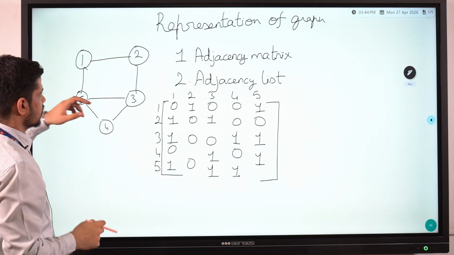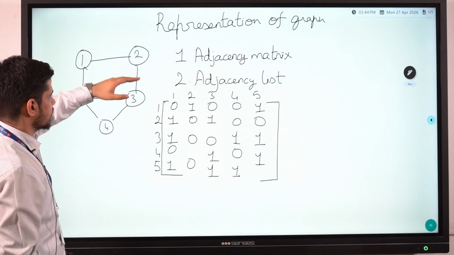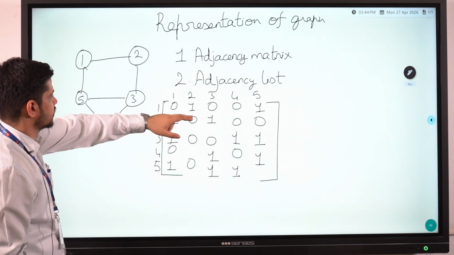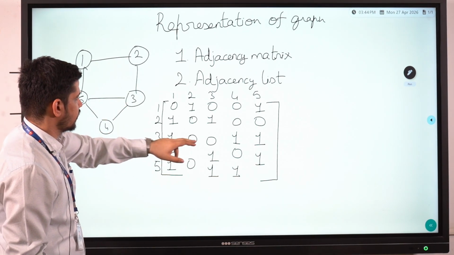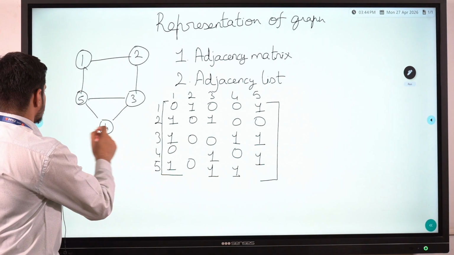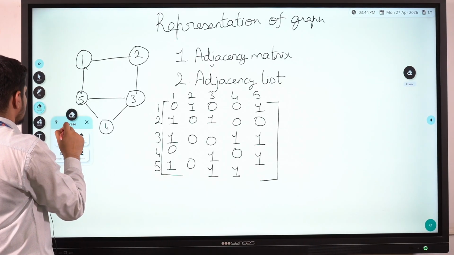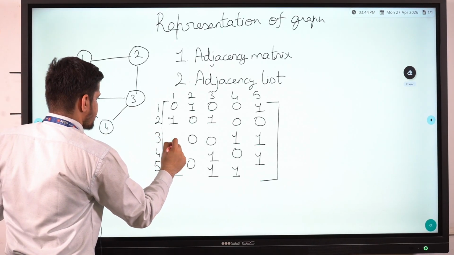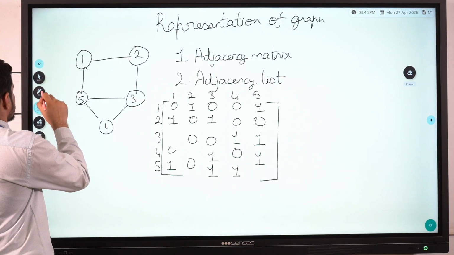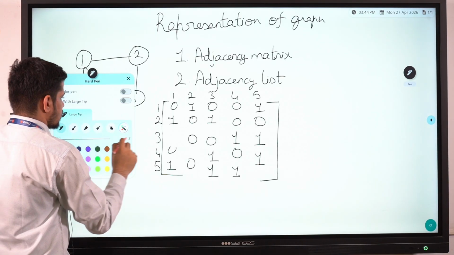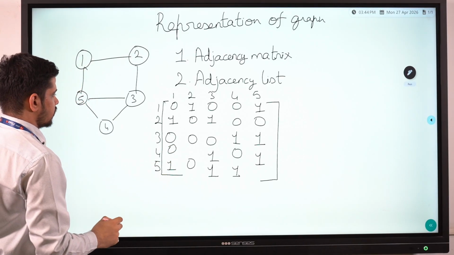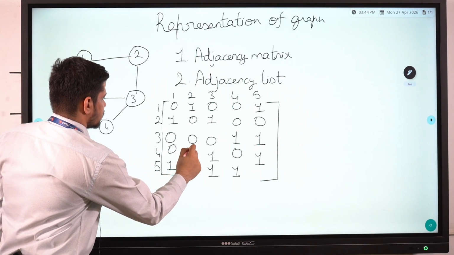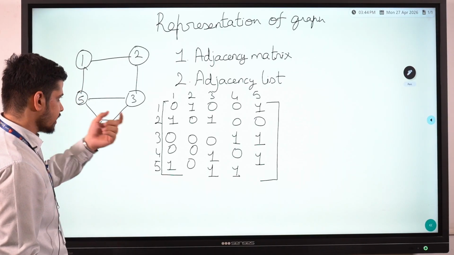So now it is fine. 1 is connected to 2 and 5, 2 is connected to 1 and 3, 3 is connected to 5 and 4, 5 and 4 and not 1. So this will be 0. This will be a 0. This will again be a 0. So now it is complete.